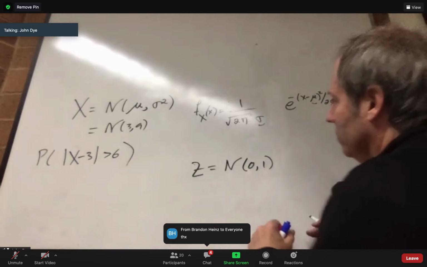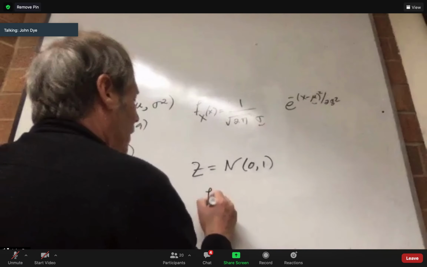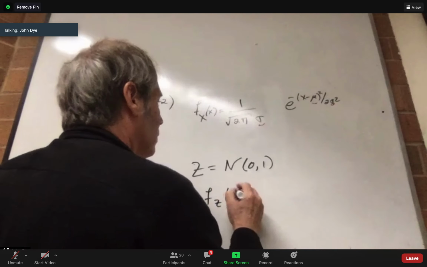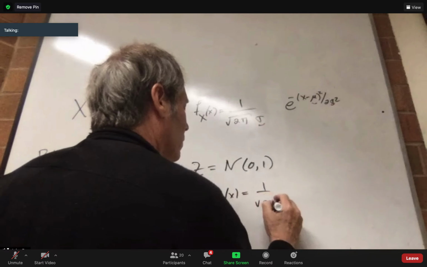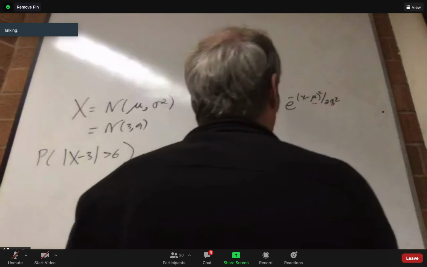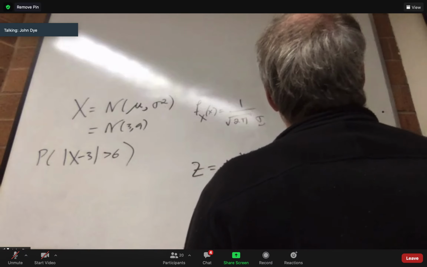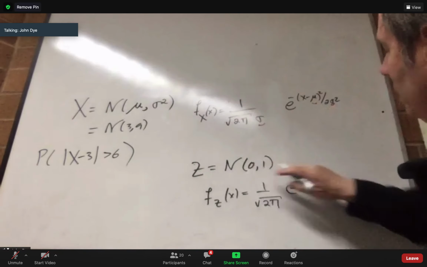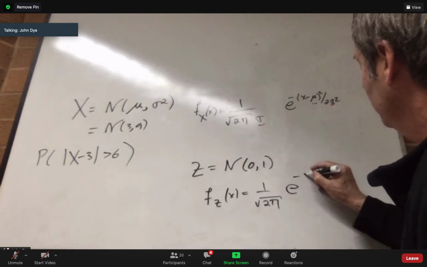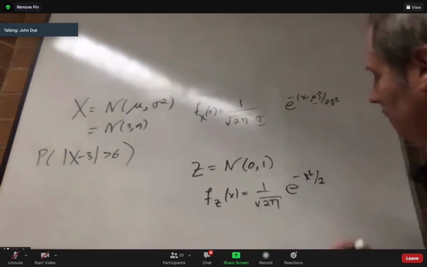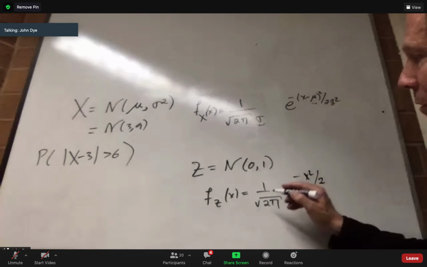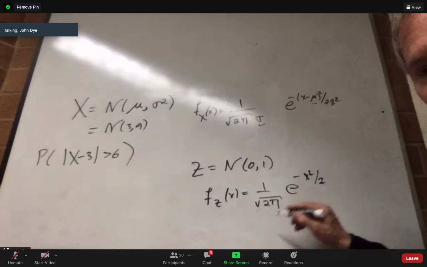So in that case, what would it look like? 1 over square root of 2 pi times e to the minus x squared over 2, because mu is 0 in this case. And the table is built from the CDF of this thing.